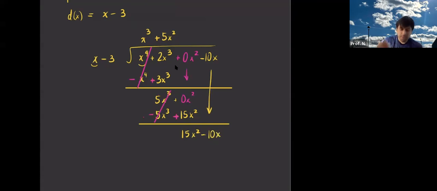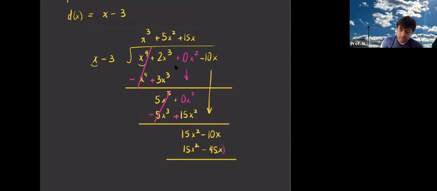Ask myself again, what multiplies the x to give me 15x squared? Well, it's actually plus 15x. Do the same thing again. Multiply 15x with x, you get 15x squared, which is what I started with. 15x minus 3 is what? Minus 45x. What am I going to do after this? Subtract the polynomial.